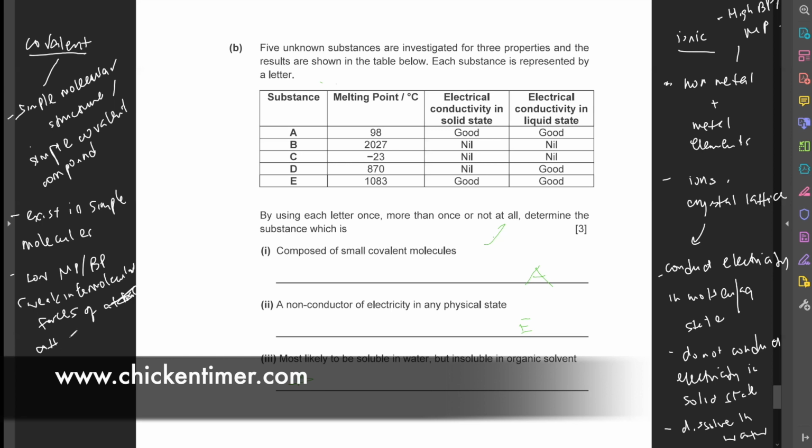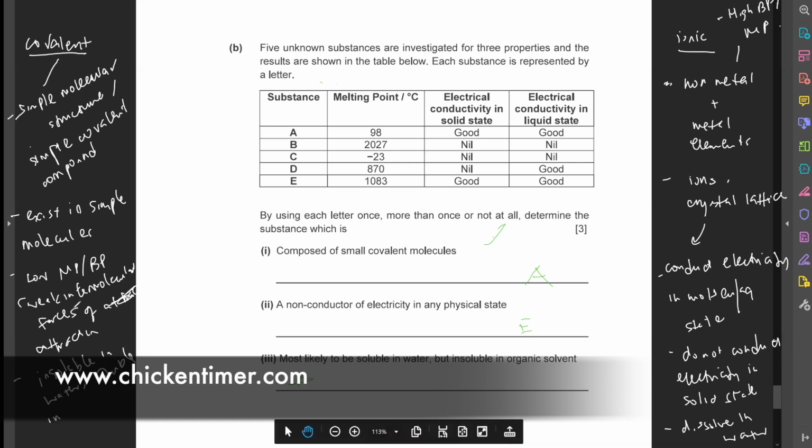Cannot see if I use white over there. Then they are insoluble in water, soluble in organic solvent. Then what else?